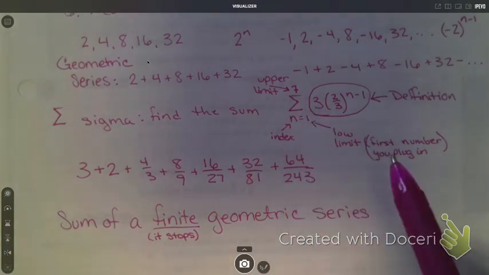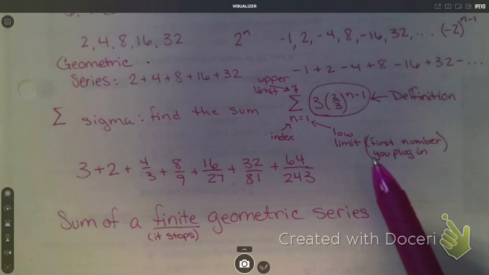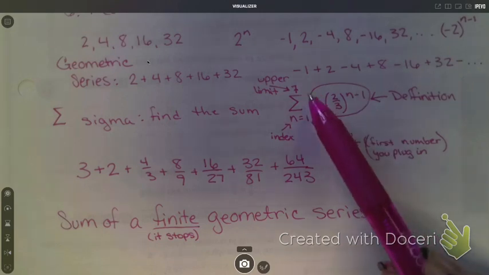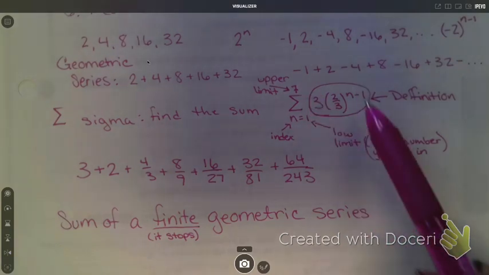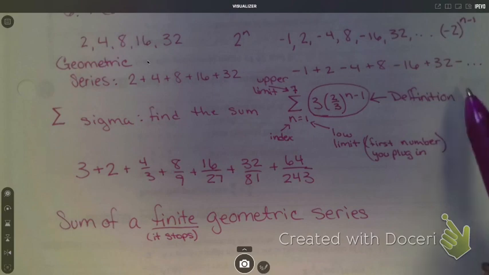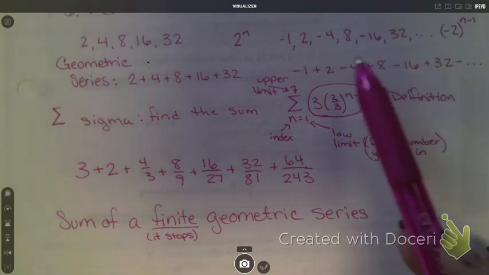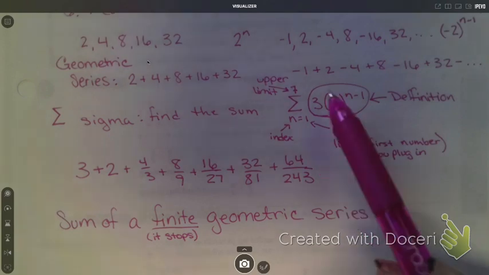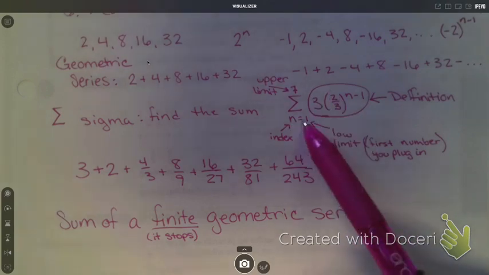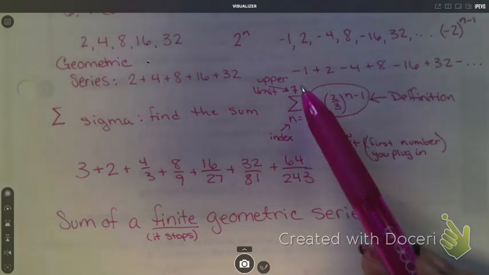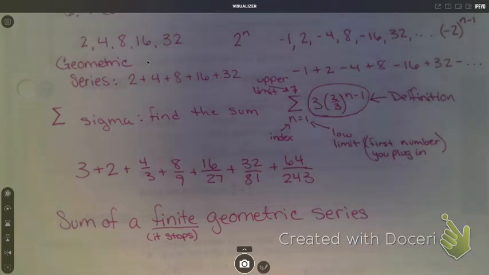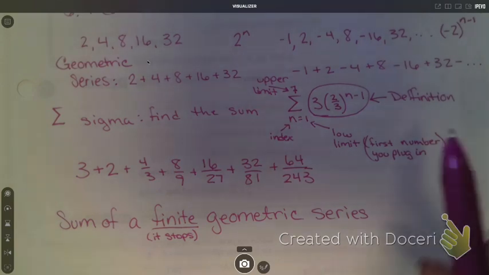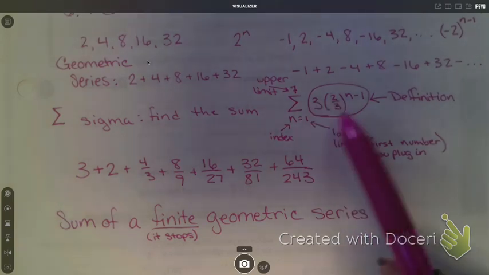Now, I can always take an infinite geometric sequence, one that goes forever, and make it finite by saying 1 to 20, 1 to 30. But I can't take something that's finite, this is from 1 to 7, and say from 1 to 20 now. Does that make sense? Because I'm not guaranteeing that this formula works for anything past 7.